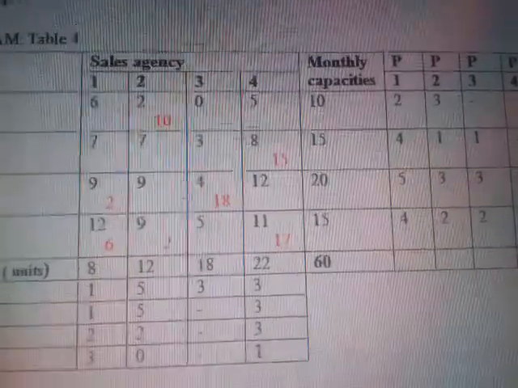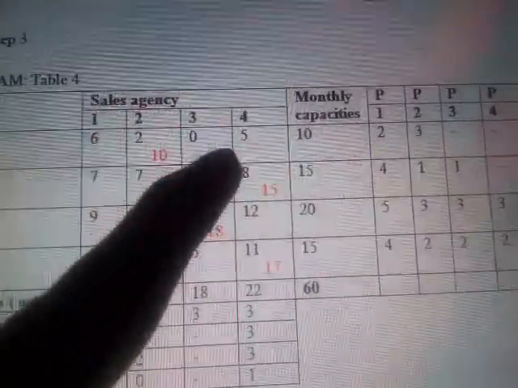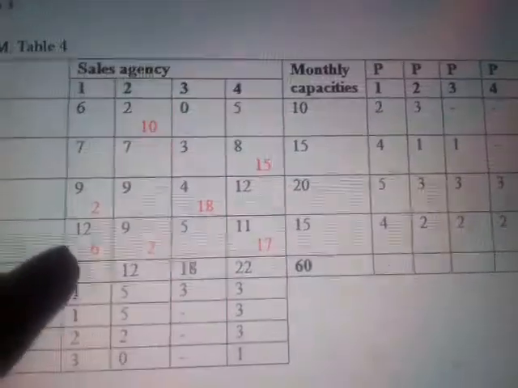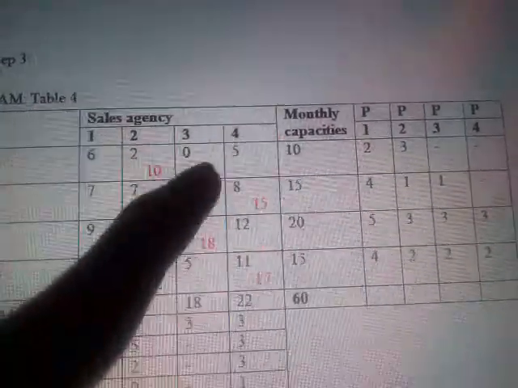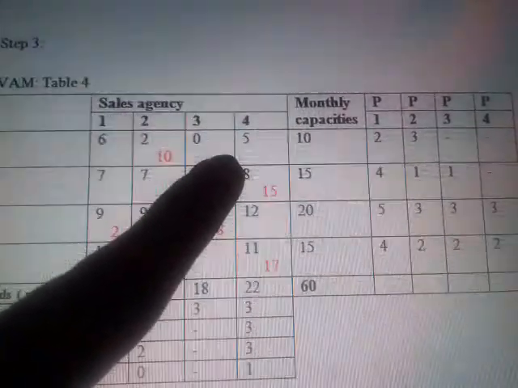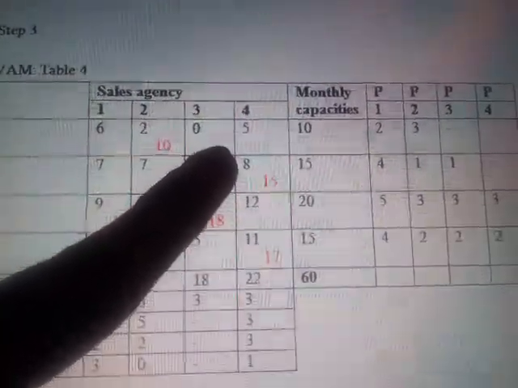If you get degeneracy, then you have to check the unallocated cells, and where you are getting the minimum value, there you have to allocate the delta value. So if it is degeneracy, here this 0 is your least number. Here you have to add your delta value, okay, to convert degeneracy into non-degeneracy.